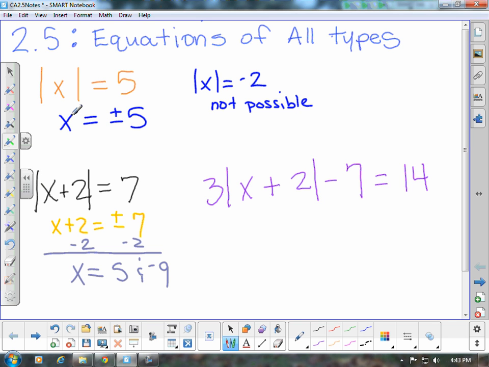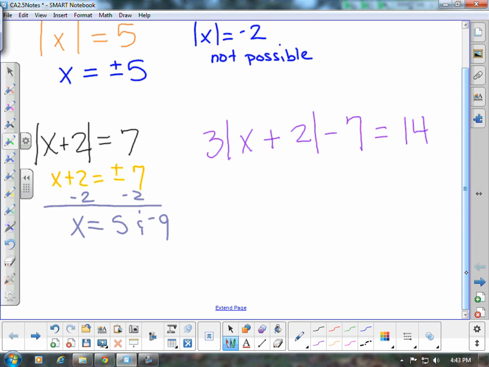And then finally, if you had an equation like this with absolute value and you were going to solve it, you would first have to add 7 to both sides to get 3 times the absolute value of x plus 2 equals 21.